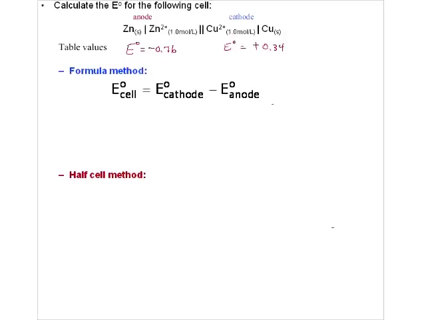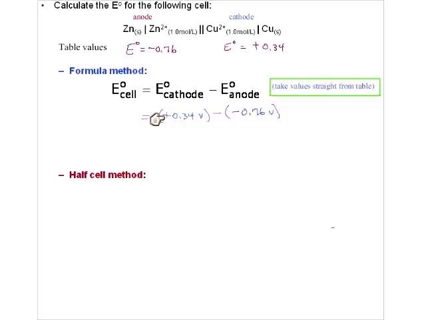The formula is always going to be, no matter what type of cell we're using, E for the cell is equal to the E of the cathode minus E of the anode. And we're going to take these values straight from the table. Do not change the sign or anything like that. Just use the values straight from the table. So in this case, we've established what the cathode is. It's the copper half cell.